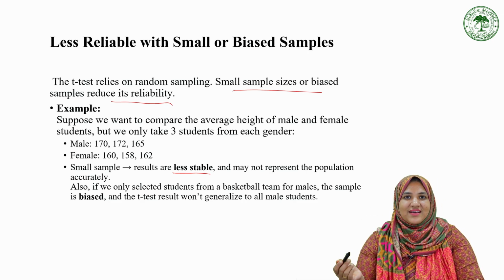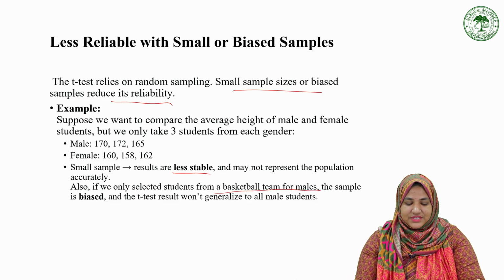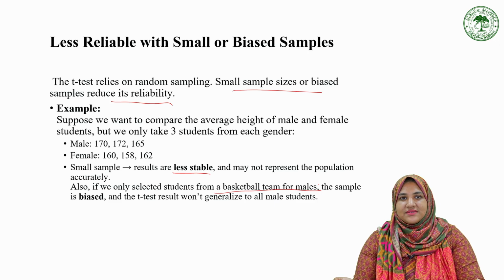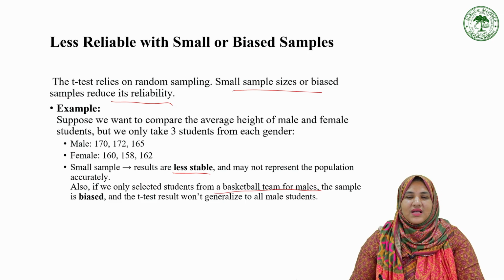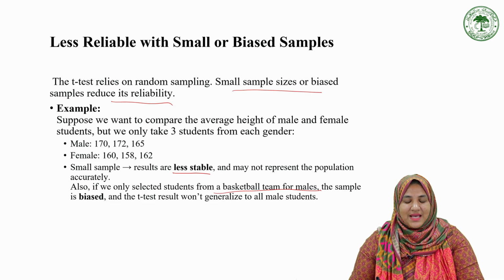So you have a gender bias here, and the result will show that males are much higher in height than females. Since you selected persons from the basketball team, the sample is biased and the t-test result won't give you an accurate result which you could generalize. So it is less reliable with small or biased samples.